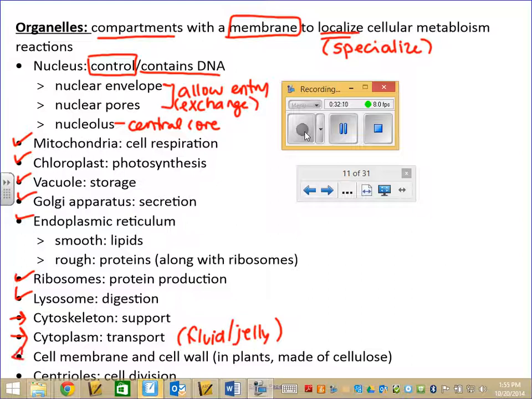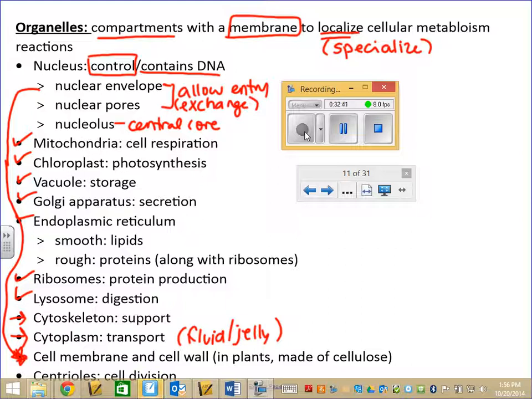The cell membrane and the cell wall we will discuss in more detail in the next section, and so I'm not going to talk about them very particularly right now. If I wanted to look just at a very superficial view, the cell membrane does a really similar thing as the nuclear membrane, where it allows entry and exit of substances, so exchange to happen between one cell and another cell.